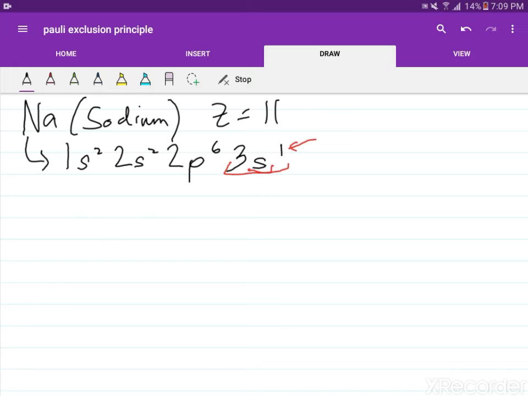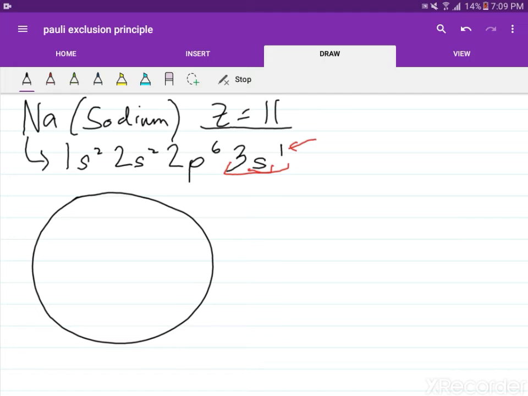So let's try to get a picture of what is happening. Z equals 11 tells us that there are 11 protons, 1, 2, 3, 4, 5, 6, 7, 8, 9, 10, 11. And I think neutrons too, 11 neutrons.